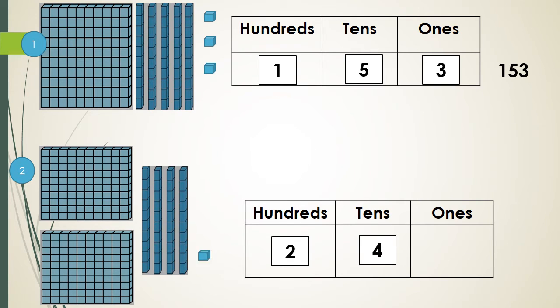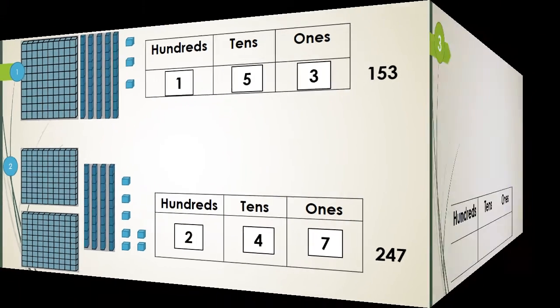How many ones? 1, 2, 3, 4, 5, 6, 7. How many ones? 7. How can I write the number? I write it from left to right, from the hundreds to the ones. I write 247.